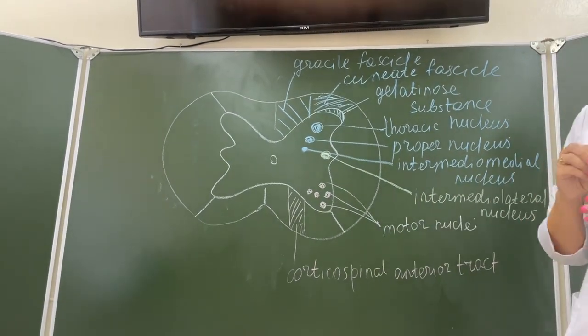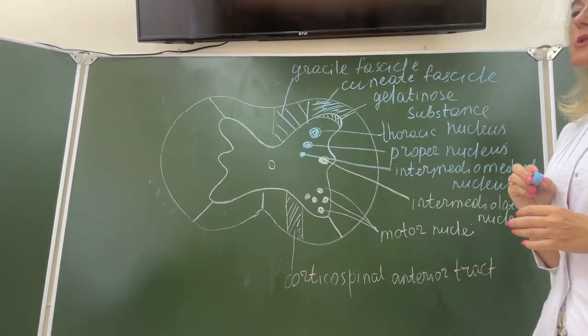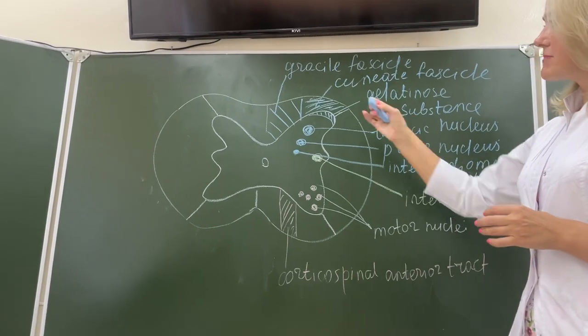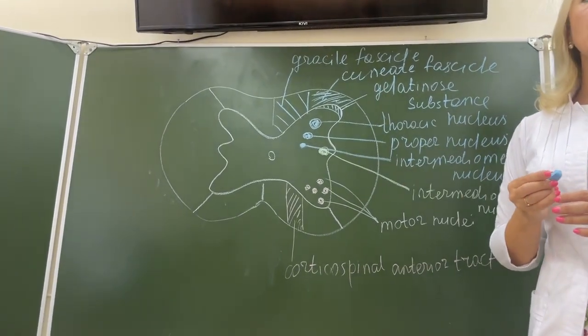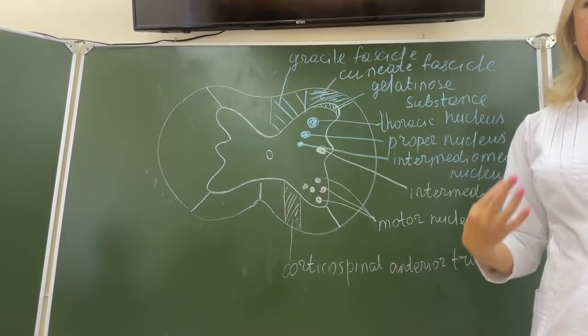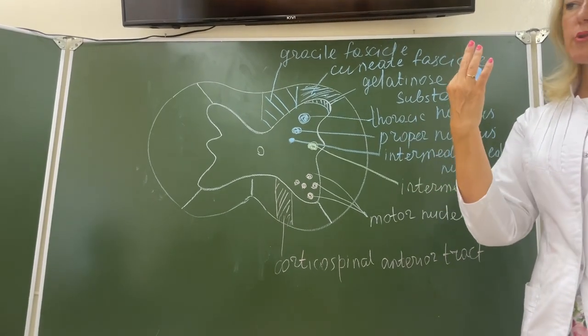And cuneate fascicles. What does it mean? As we said, sensory tracts are ascending tracts, directed upwards.